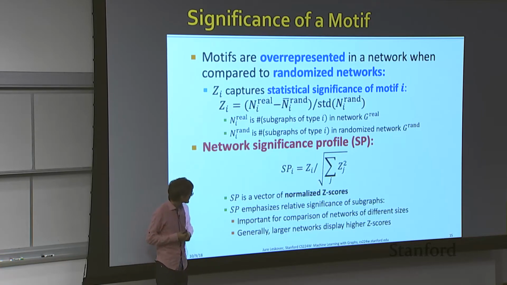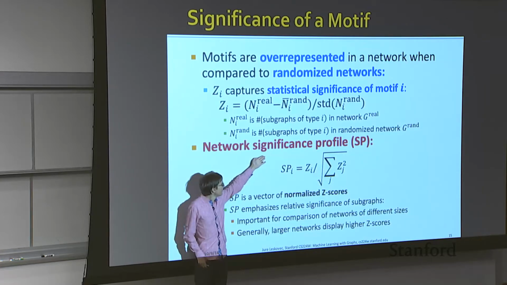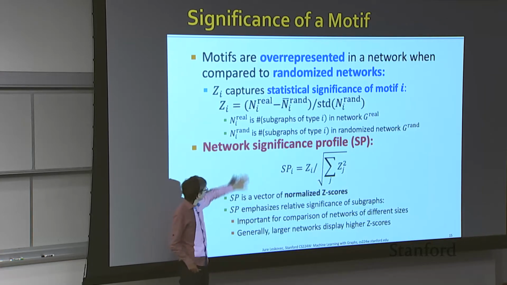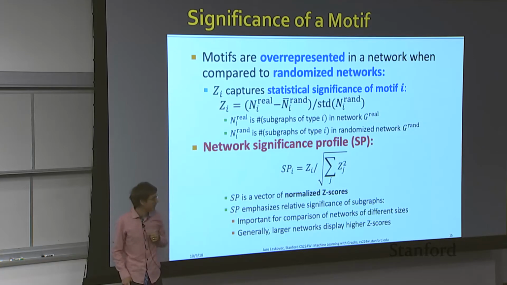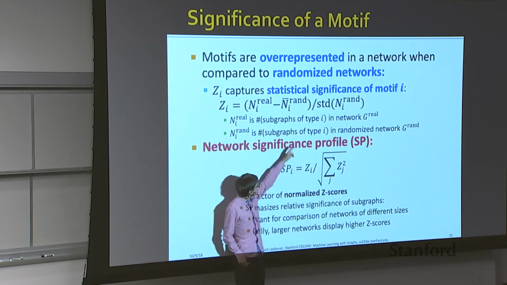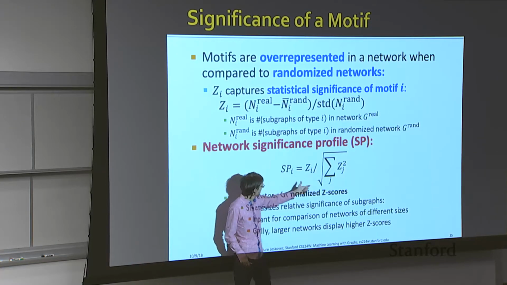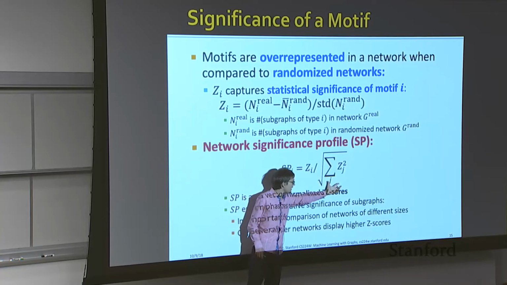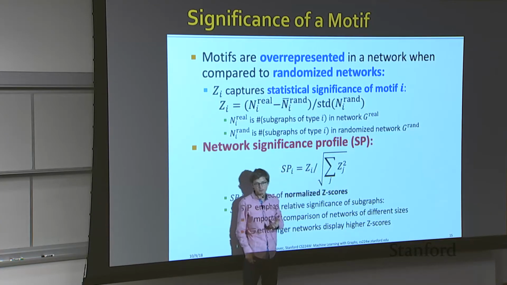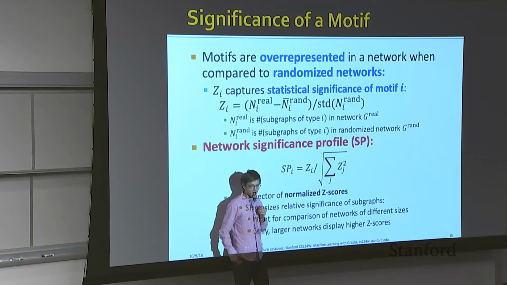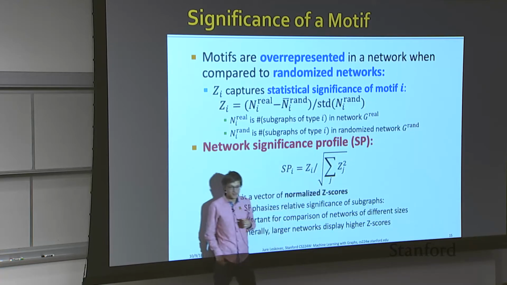And then the way they define the network significance profile, you can see that this was, I think, first done by biologists, because they take these z-scores and normalize them so that they have length 1, which is a bit funny, but they are who they are. So that's how they do it.